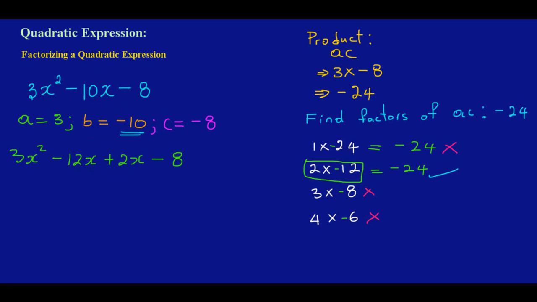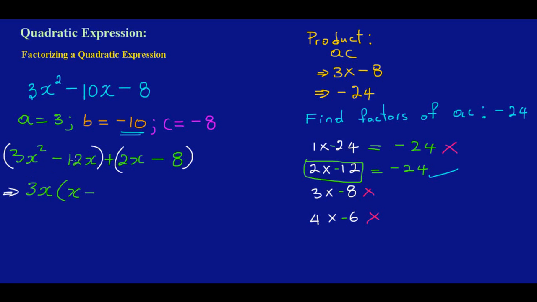Alright, so let's factorize by grouping. I'm going to pair the first two terms and pair the last two terms. I need something that is common to 3x squared and negative 12x, and 3x is common. So 3x into 3x squared, 3x will cancel 3x, leaving an x.